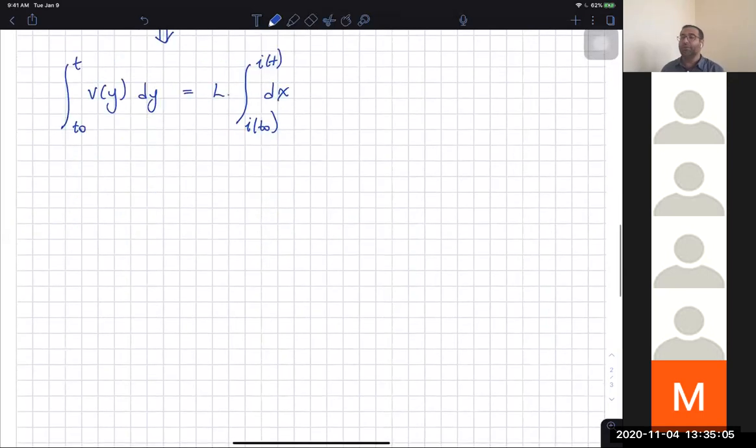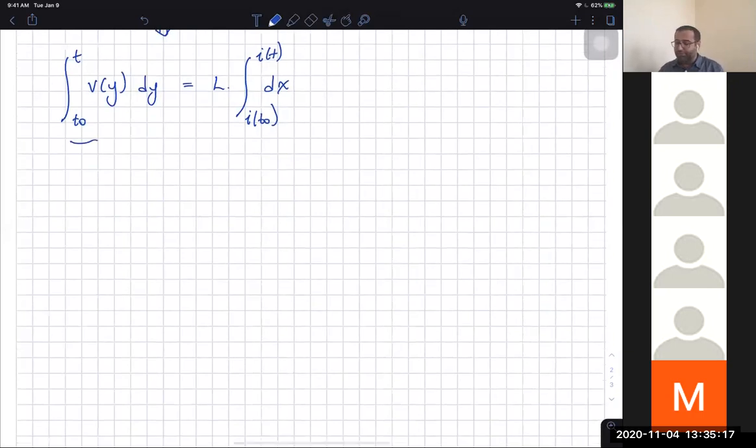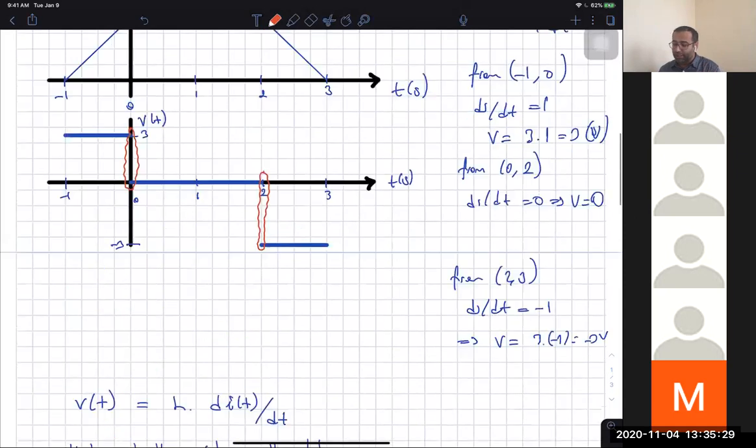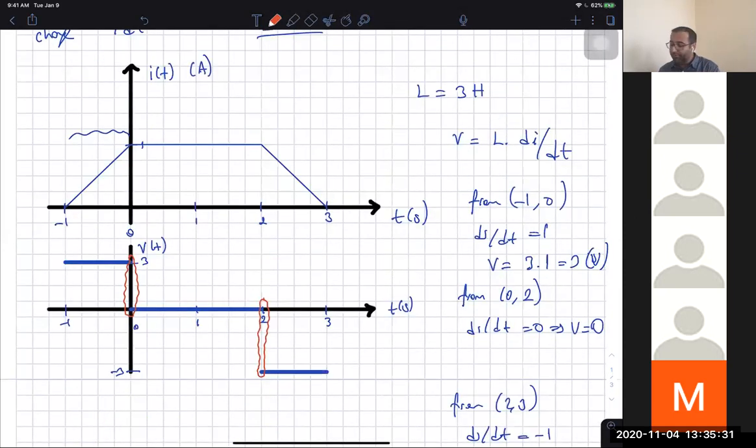Okay, so let's now try to calculate the result, right? For this left side, it's not really directly obvious because we don't know what this v(y) is going to look like. We will have a function of time for the voltage that can be just like these graphs that we had before, right?